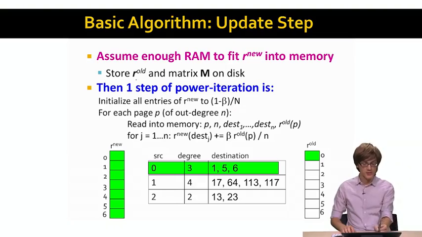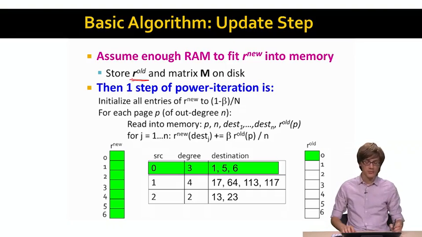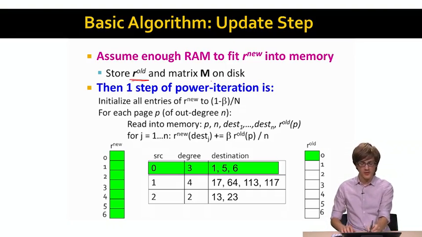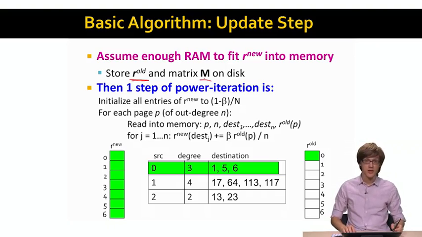All right? So the idea is that we will have R old stored on the disk, and we will have the matrix M stored on the disk. Then we proceed to do one step of power iteration, one step of our PageRank method. We read a given node and its out nodes. We keep the new vector R in memory, and we can update its components.